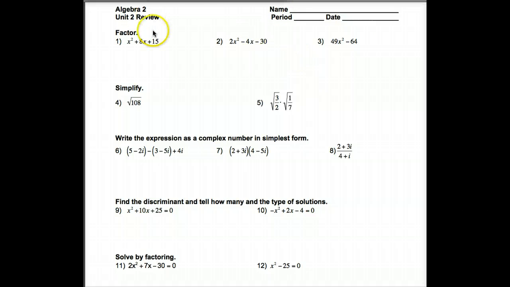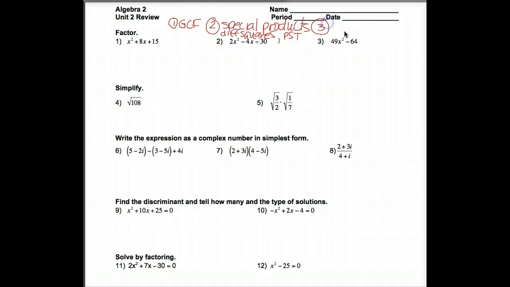So 1, 2, and 3 are factoring, and when we are factoring, we have a factoring order of operations. The first thing we always do is look for and take out a GCF. Second, we look for our special products, which are difference of squares and PSTs.